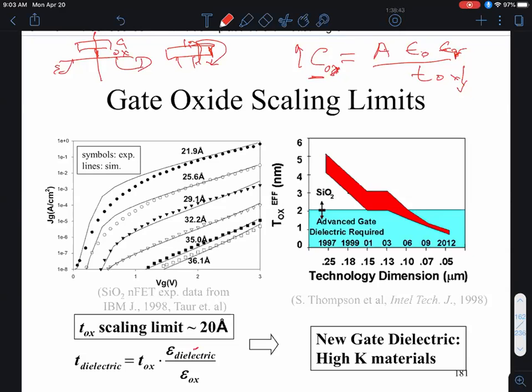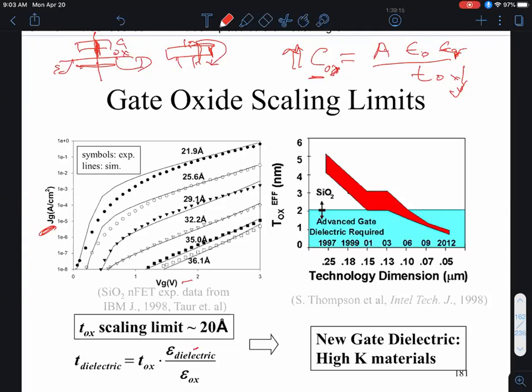So that's the problem that people face, that as gate oxides are made thinner and thinner, we increase the gate capacitance, which is necessary to couple the gate to the channel so that you can have more inversion carriers in the channel. At some point, the tunneling leakage current through the gate dielectric became a problem. And that's what's shown over here: the leakage current density through the gate in amps per centimeter squared as a function of the applied gate voltage for different oxide thicknesses.